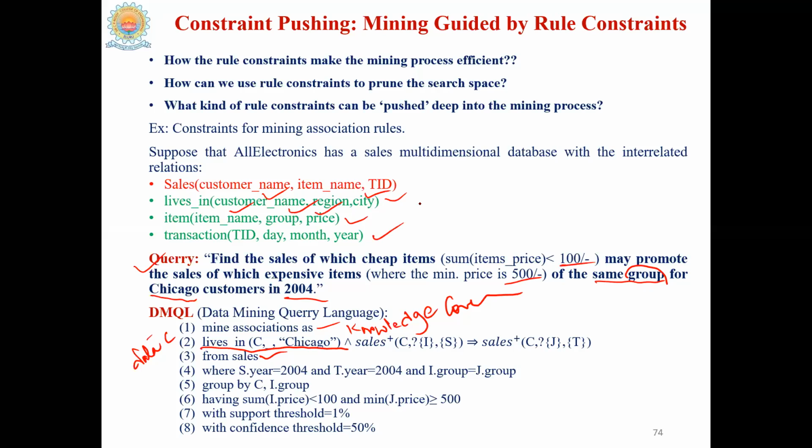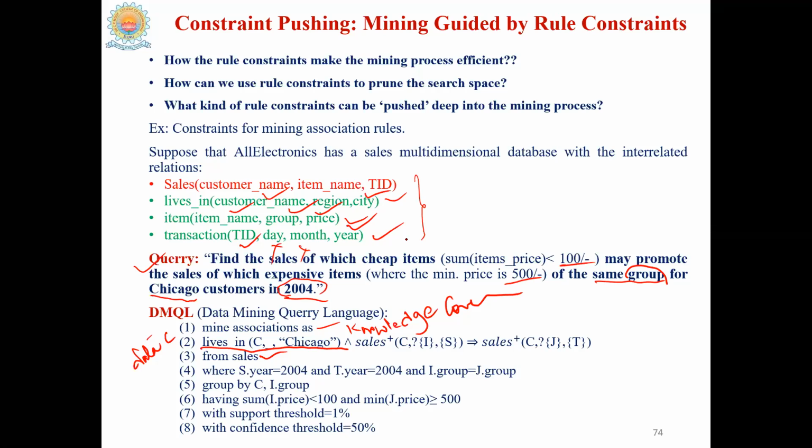And coming to the fourth table, transaction: here transaction ID is required, day and month are not needed, but year is needed, because in the query they have mentioned the year. So all these selected attributes fall into the dimensionality or level constraint. And coming to the interestingness constraint.